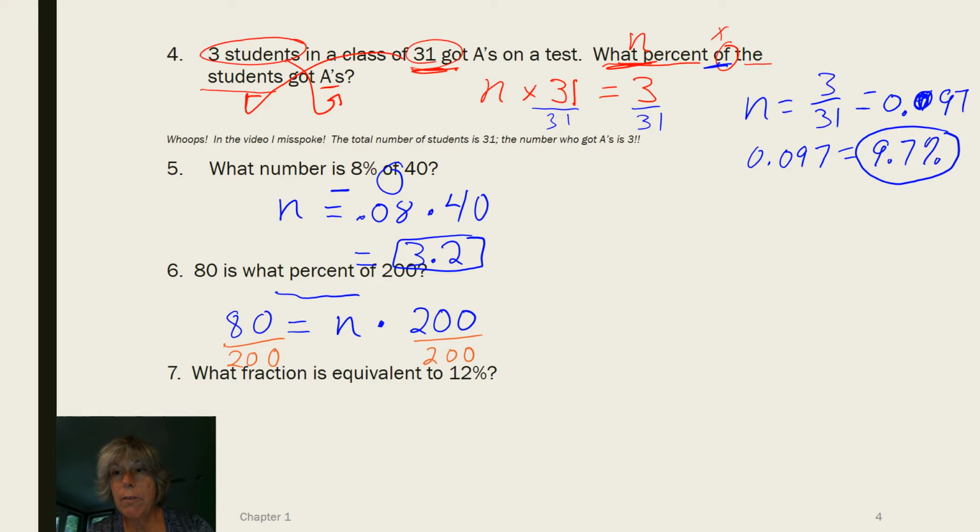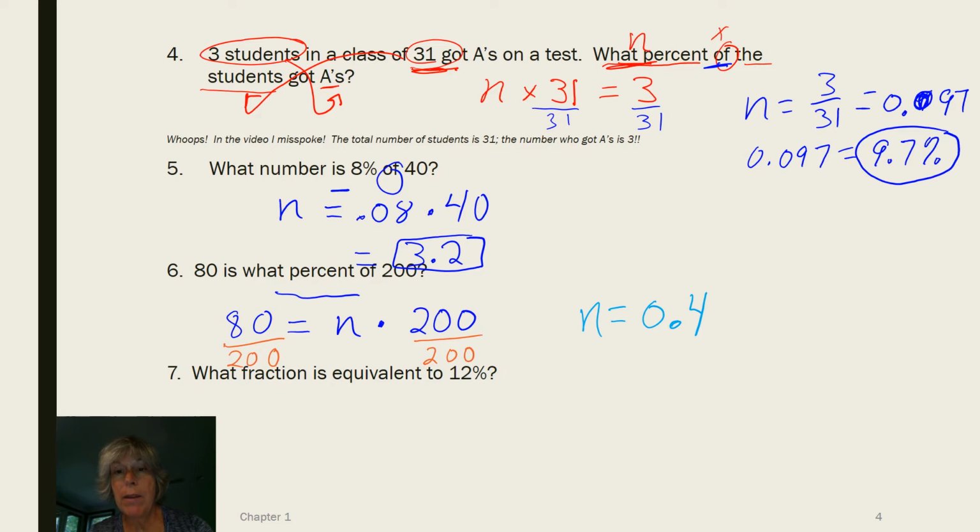So my answer for this one will be 80 divided by 200, and that gives me 0.4, but that's n, that's a decimal number for n. I haven't converted that to a percent yet.